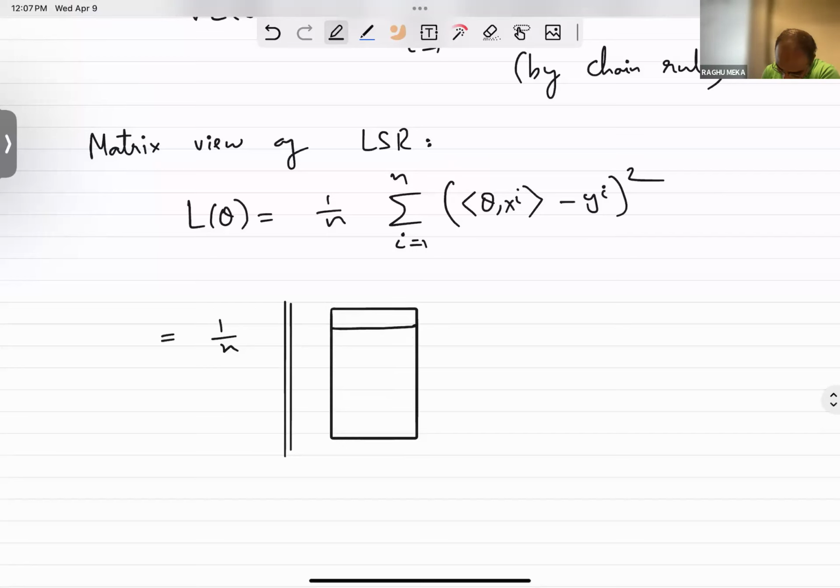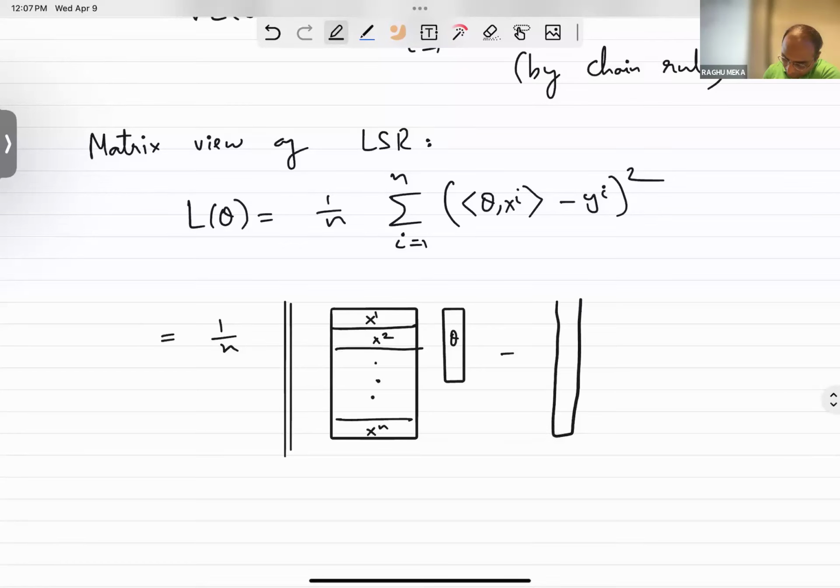So imagine I write down a matrix where the rows are my data points, x1 through xn, and I have this theta vector here. That's my parameters, and then I have the corresponding desired labels, y1, y2, all the way up to yn.